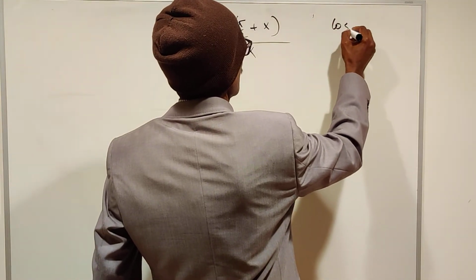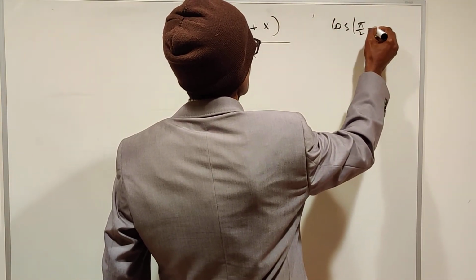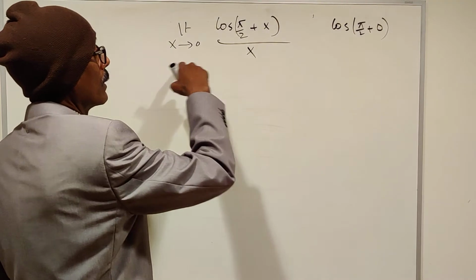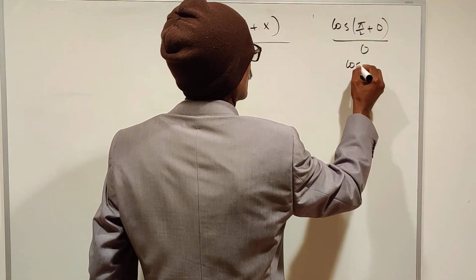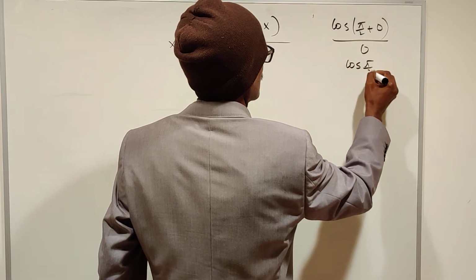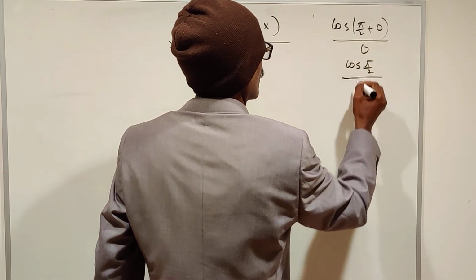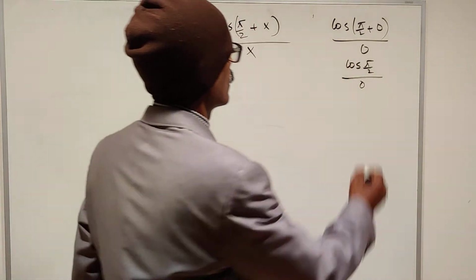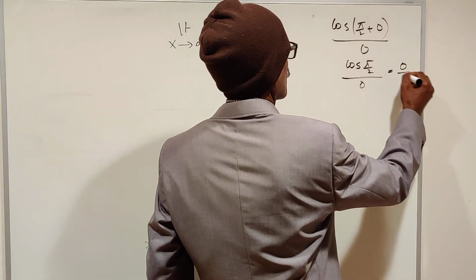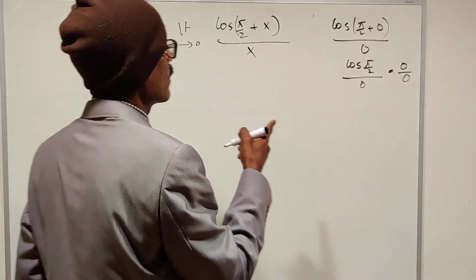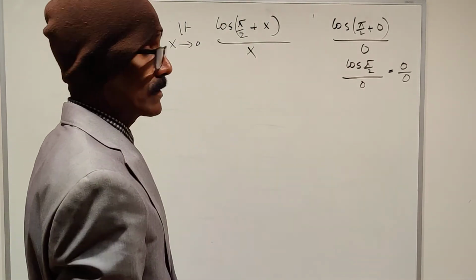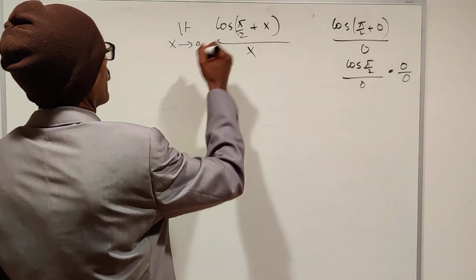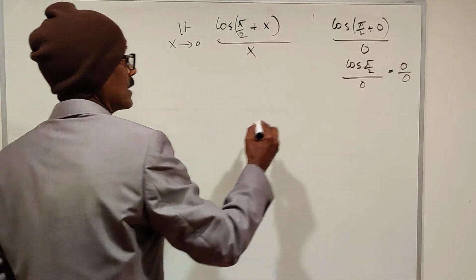So cos of pi by 2 plus 0, x is 0, divided by 0. Cos pi by 2 is cos 90, which is 0. So it is 0 by 0 form, so we cannot determine the value directly. There is a limit value for this function that we are going to find out.